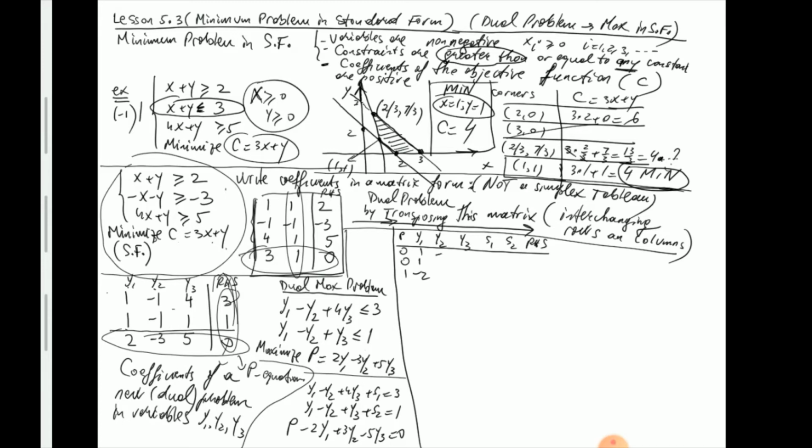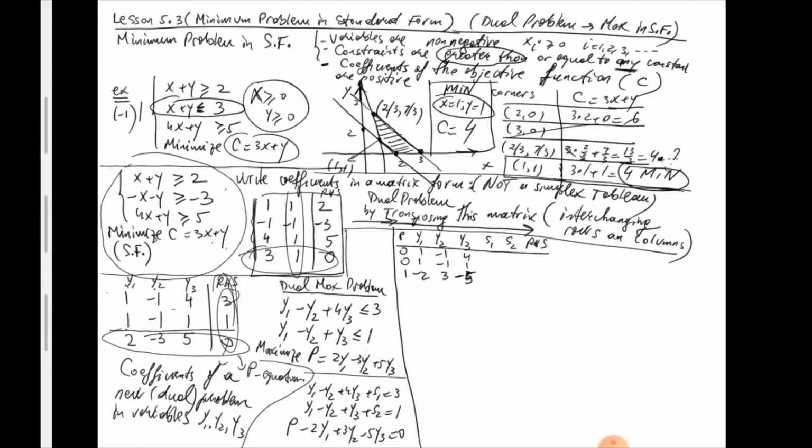Y2 is minus 1, minus 1 and 3. 1 minus 2, minus 1, minus 1 and 3. 4, 1, minus 5.